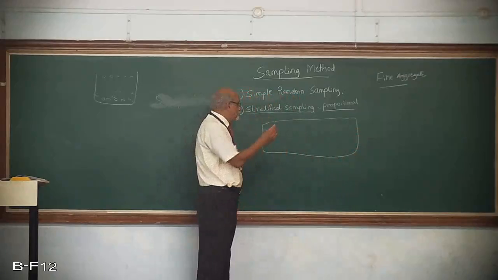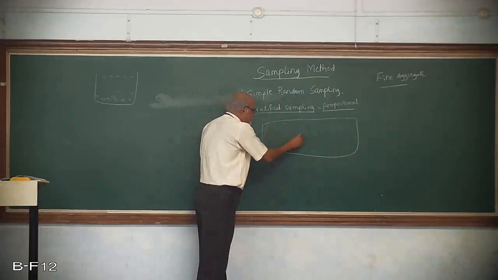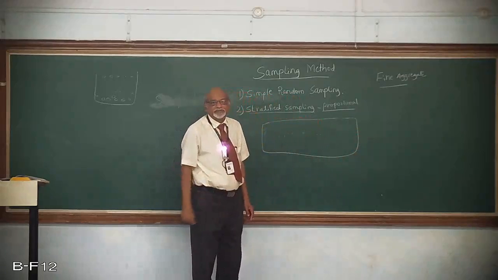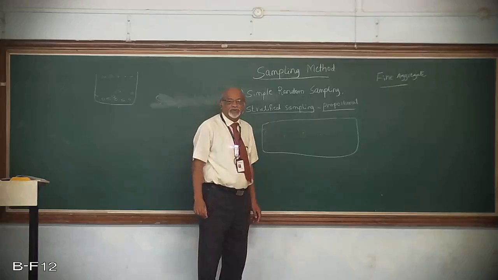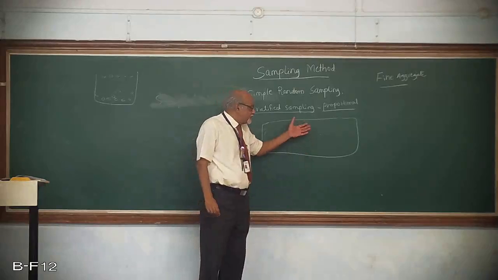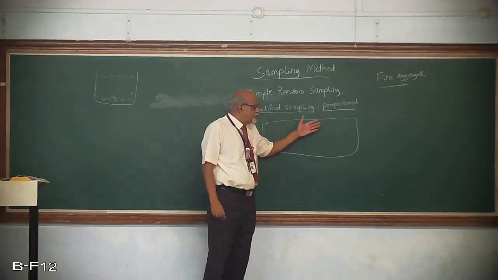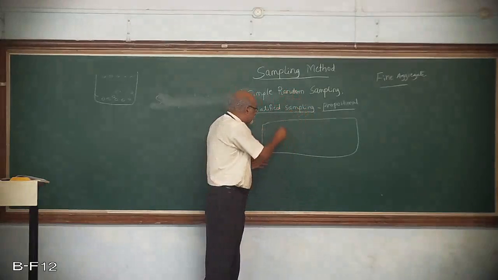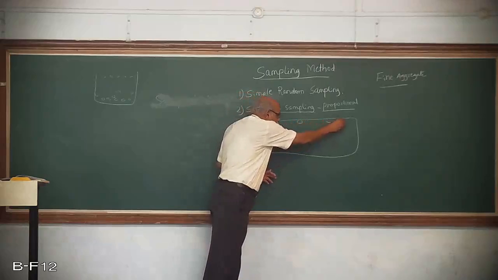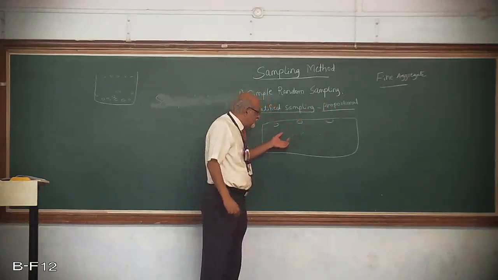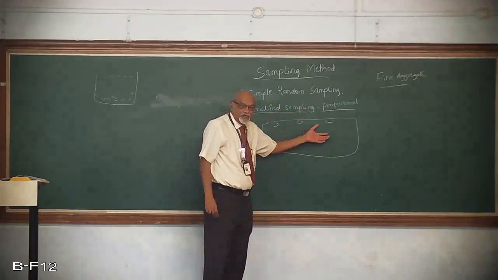So it has a top layer, side layer, bottom layer, middle layer, like that. What will I decide? From the top layer I will take some 3 or 4, from the middle layer I will collect a sample of 3 or 4.